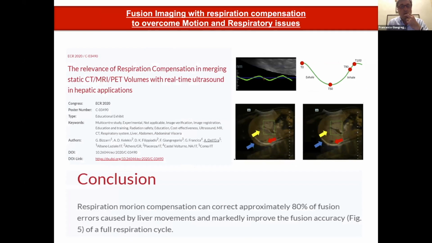And we also performed a study with a new system, in which respiration compensation was studied to understand whether this new method was able to correct the mistakes caused by respiration.